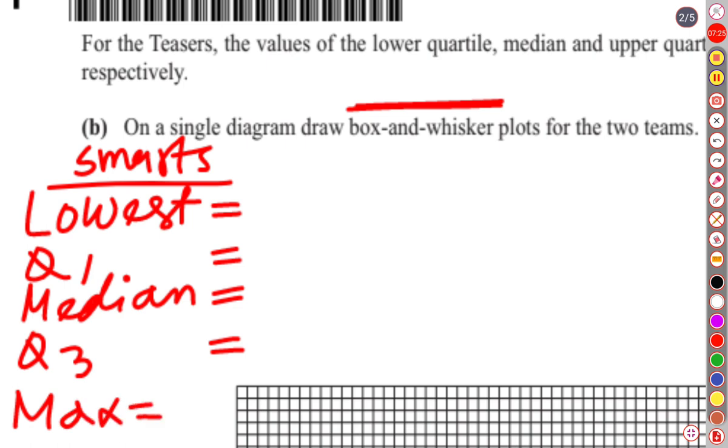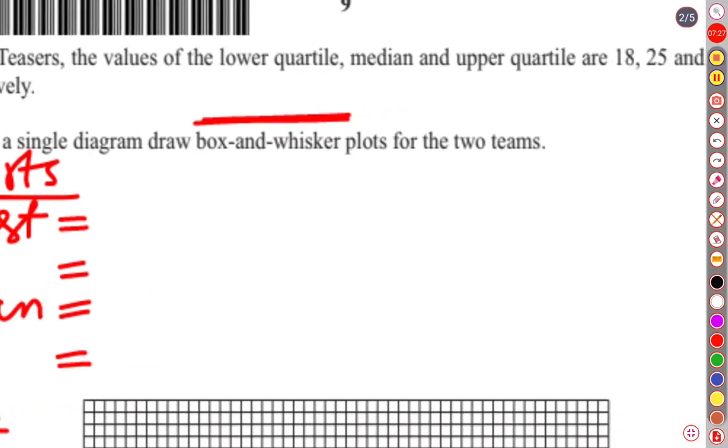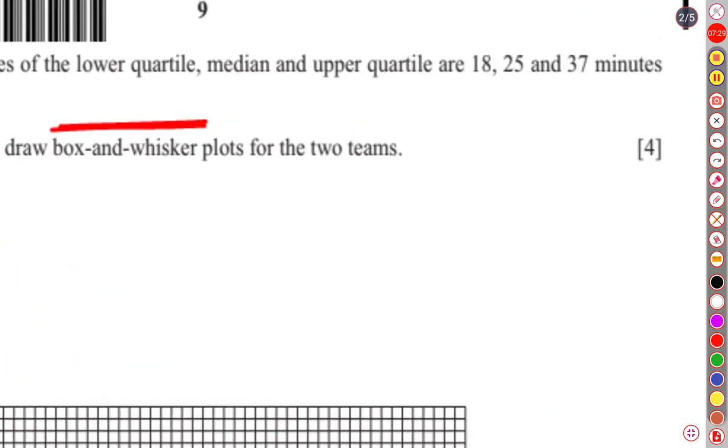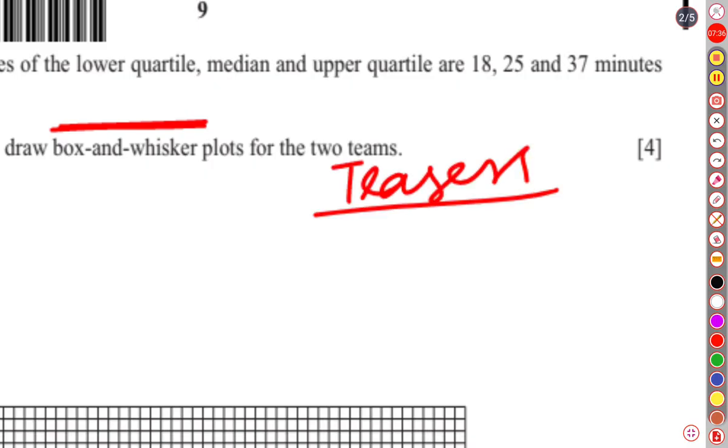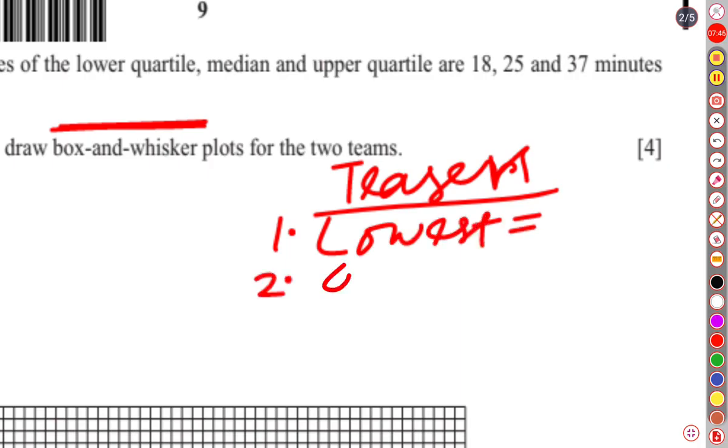Then for teasers, teasers also we will find 5 pieces of information. First one is least or lowest, whatever you call it, lowest time. Then second one is lower quartile.